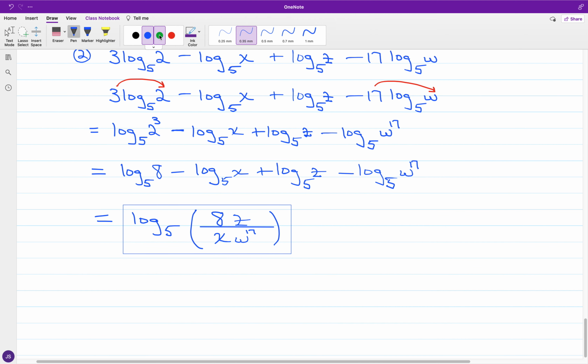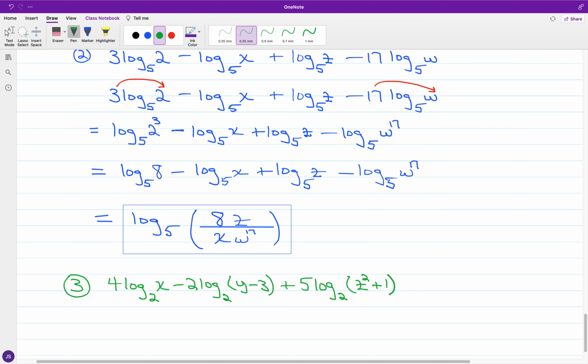Now let's see what we get as a single term, whereupon we have, let's say, 4 times the base 2 logarithm of x, minus 2 times the base 2 logarithm of the quantity y minus 3, plus 5 times the base 2 logarithm of z squared plus 1, minus 2 times the base 2 logarithm of w.